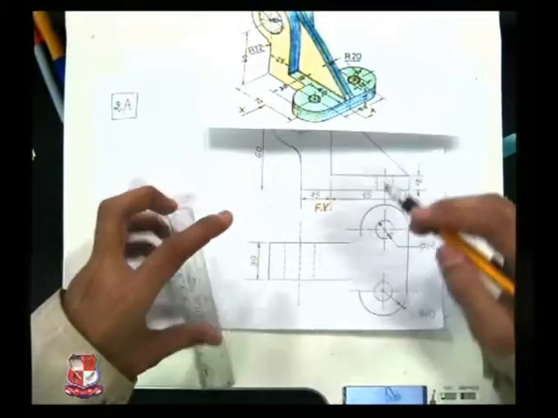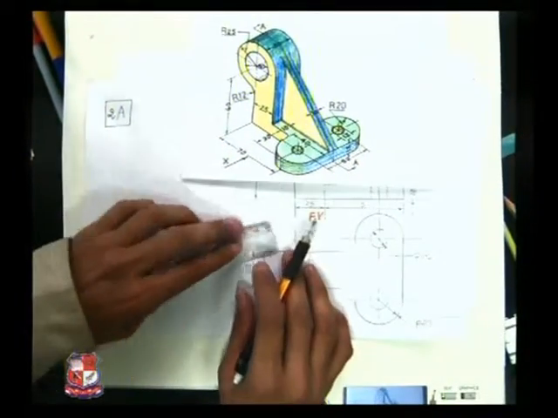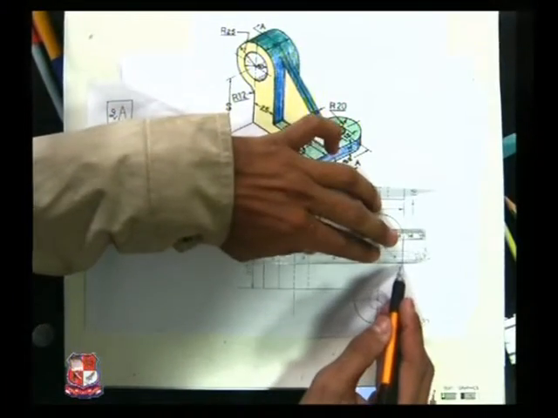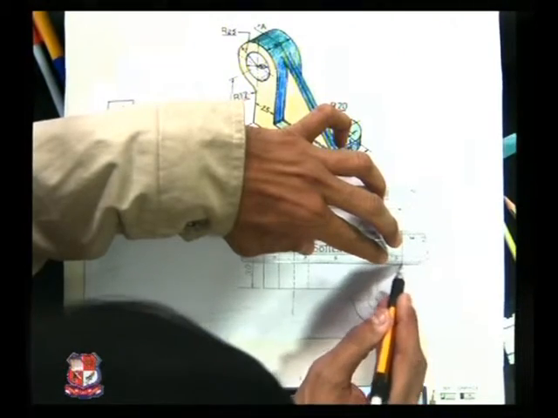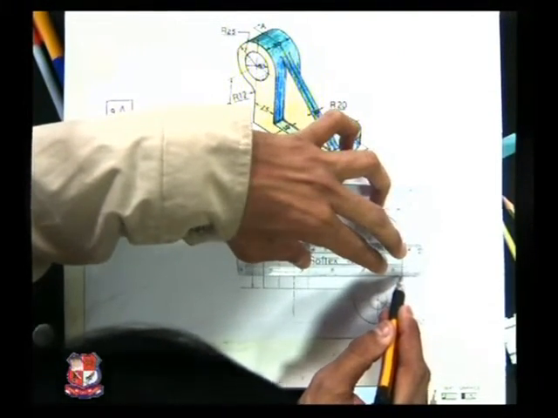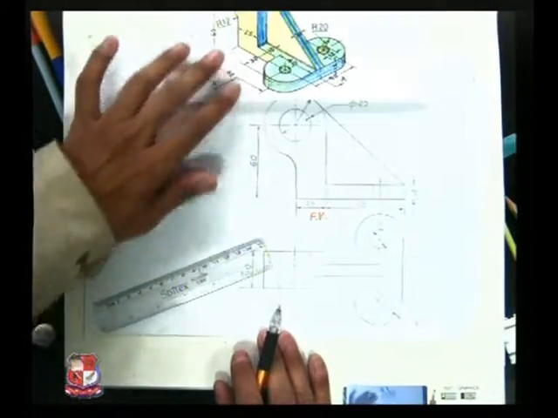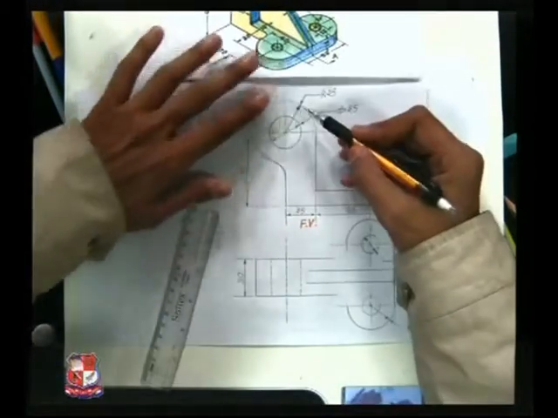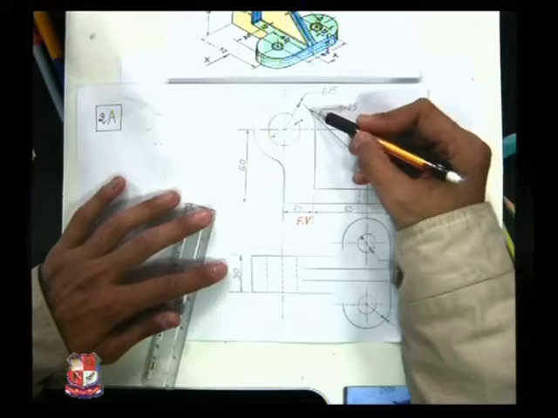Now about this strip, how to draw this 20 mm width strip. So for that the thickness of the strip is given, that is 12 millimeter, and here draw two horizontal lines at a distance of 12 millimeter to each other, and pick up this point, the tangent line which is tangent to the circle.